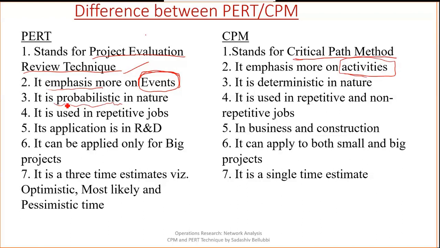Probability means it will not give the exact number. For example, probably I may come to college today, or I may finish my work today. That is probabilistic. But CPM is deterministic, it gives exactly when. This is the main difference between PERT and CPM.